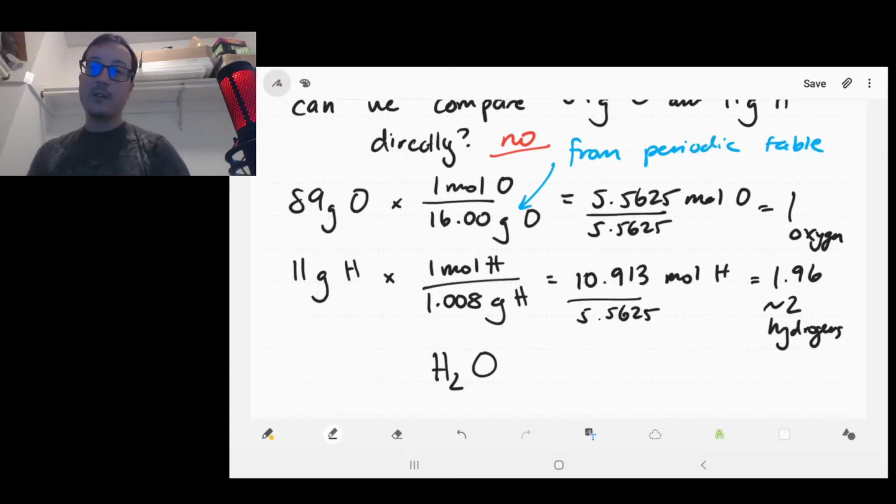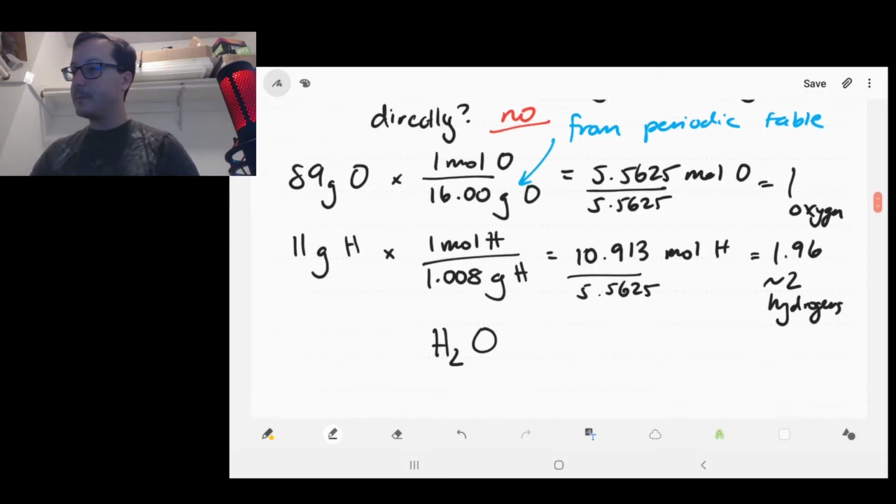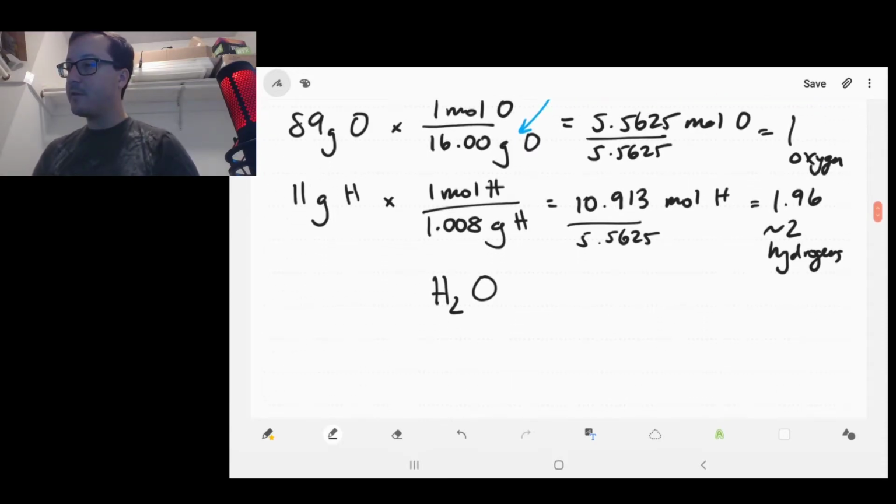Again, if you want, you can convert them to atoms instead. You're just going to have bigger numbers to deal with, but you will get the same answer. And we're going to see here this is essentially just a process. So it's not terrible. We'll do a couple of examples here, and we'll go from there. So here's one for us.